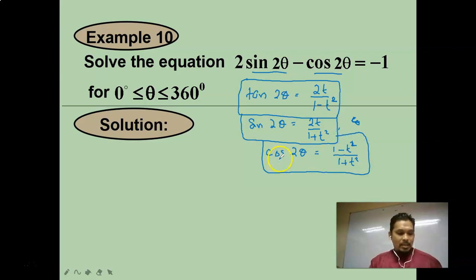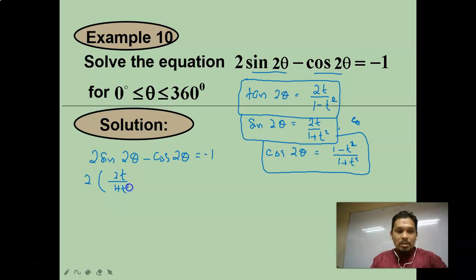Okay, so now with 2 sine 2 theta minus cos 2 theta equals negative 1, substitute sine 2 theta, which is 2t divided by 1 plus t squared, minus cos 2 theta, which is 1 minus t squared divided by 1 plus t squared, equals negative 1.